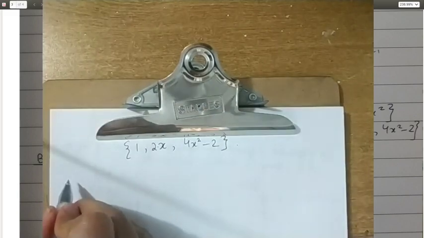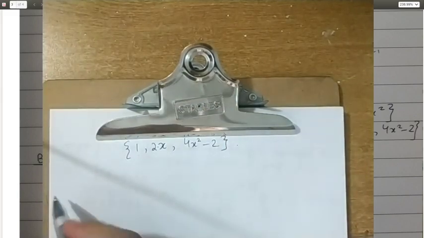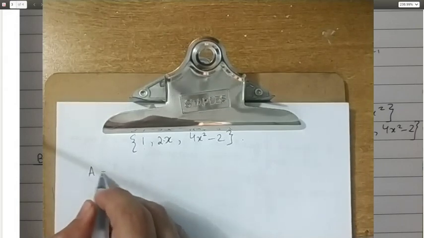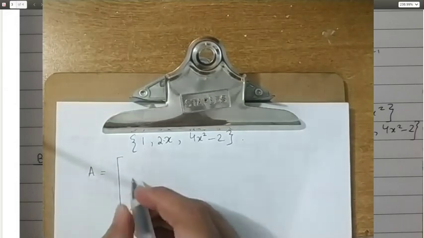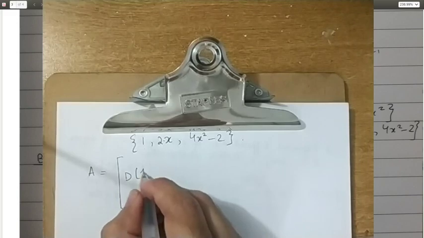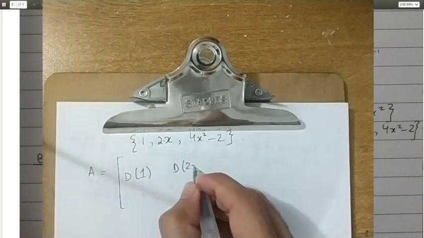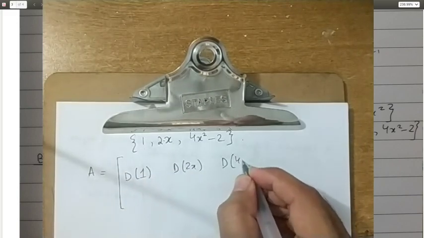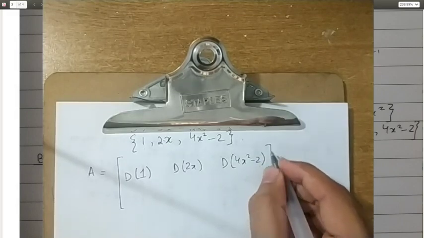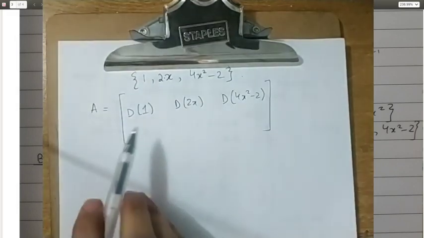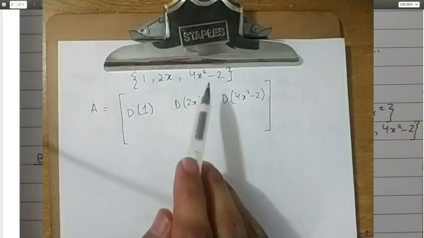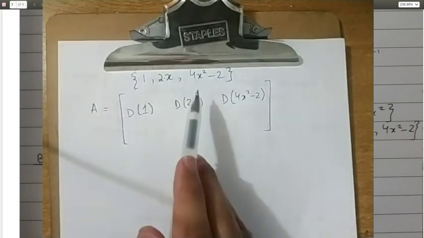And the question is, again, we want to construct matrix A. To construct matrix A, we need to see what happens to the first basis vector, the second basis vector, and the third basis vector. But this time we have to ensure that we're representing everything in terms of these basis vectors.